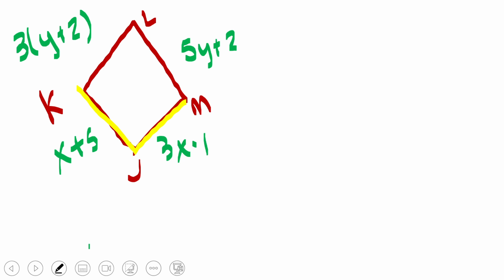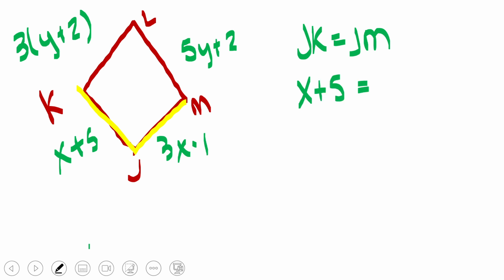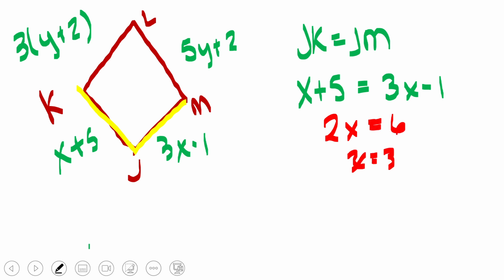All right, so if that is true, we have JK equal to JM. Then substitute in your expressions. JK is x plus 5 across the equal sign. JM is 3x minus 1. Again, you're asked to find the measure of each side of the kite, so we're solving for x and then substituting back in. Let's do that. We're going to have 2x equals 6 with like terms, and x would equal 3 here.